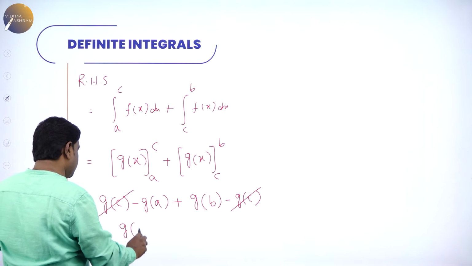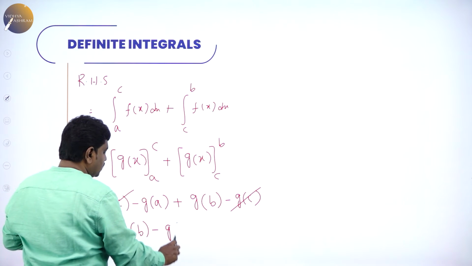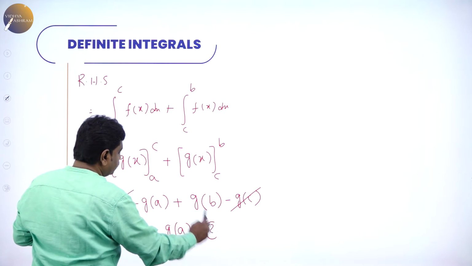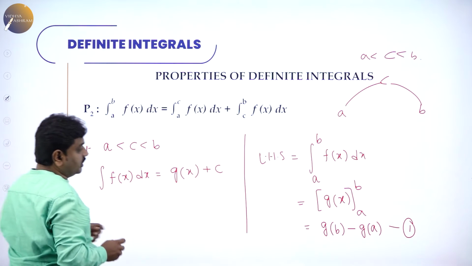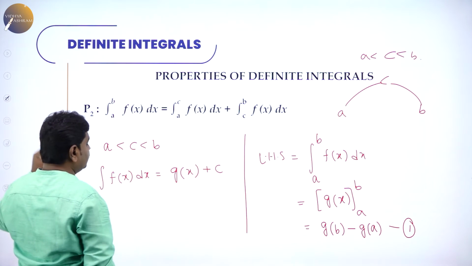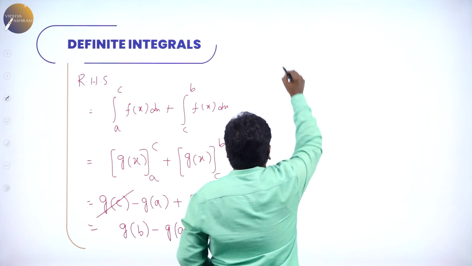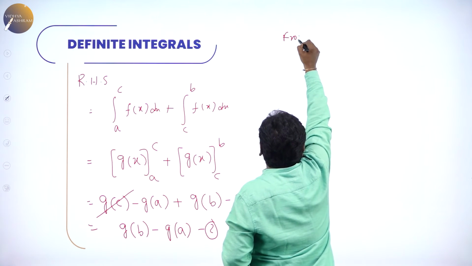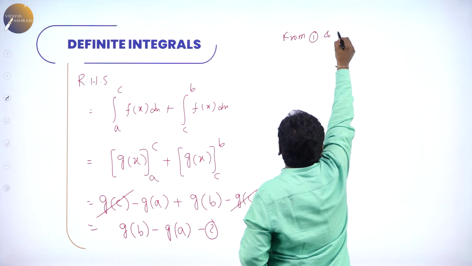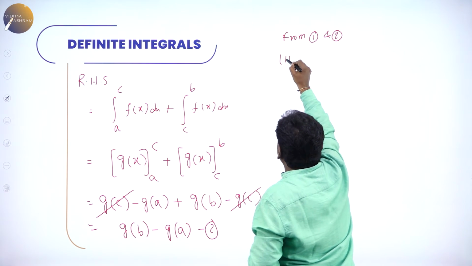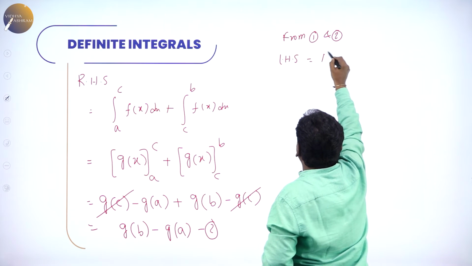I'll write it as g of b minus g of a. So call it as 2. See, we got this: LHS g of b minus g of a, RHS g of b minus g of a. So what is the conclusion? From 1 and 2, I can conclude LHS value is the same as RHS value.